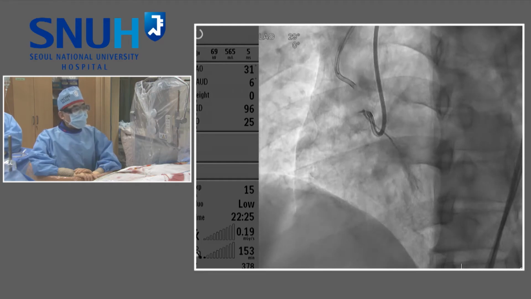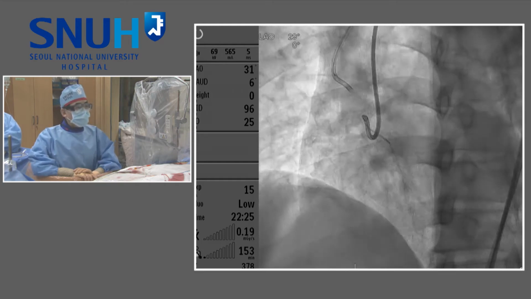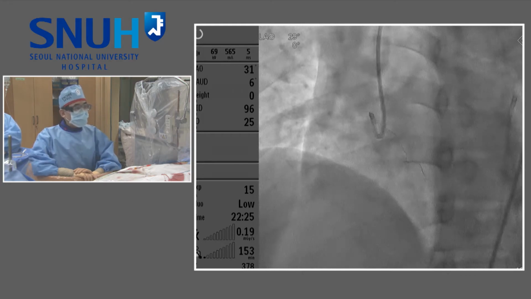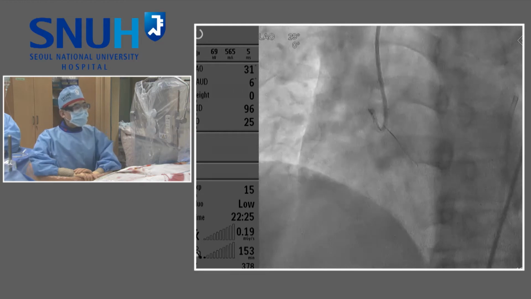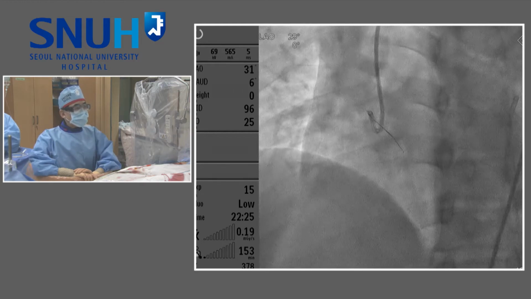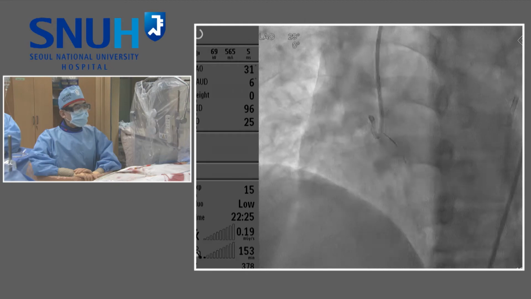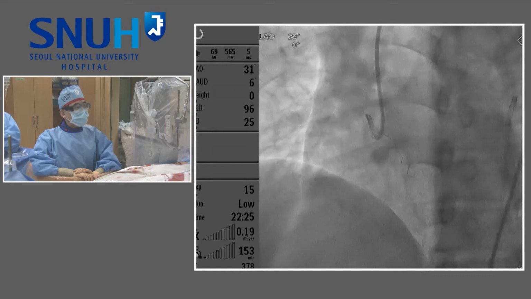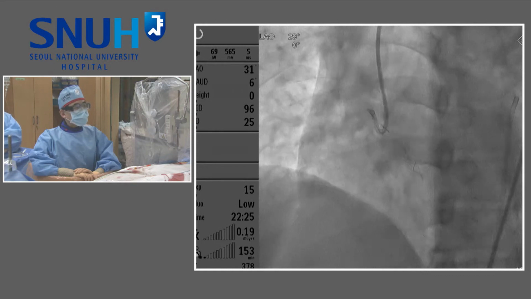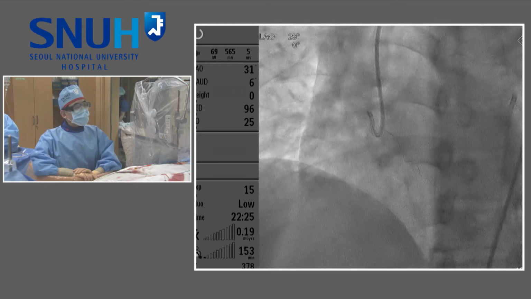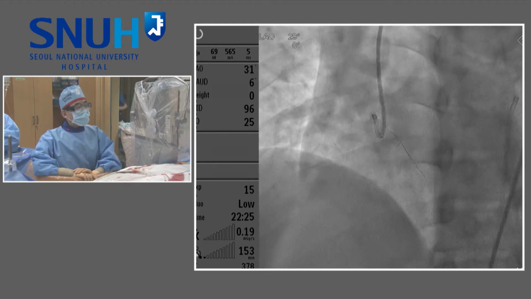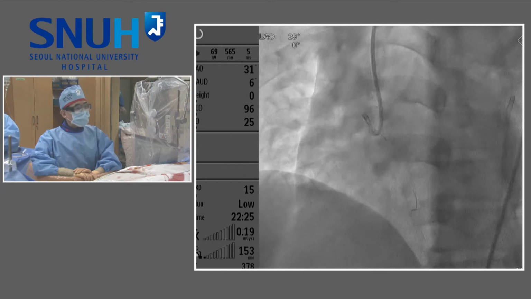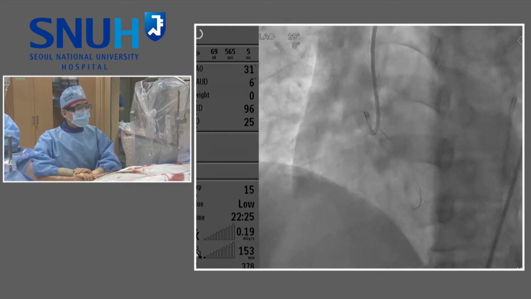Thus, from now on, I'd like to advance the SUOH 3. First, wrong direction, probably. Zigzag is a good sign. Okay, more advanced. Then we entered a straight segment like this.